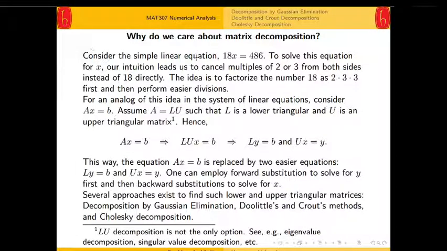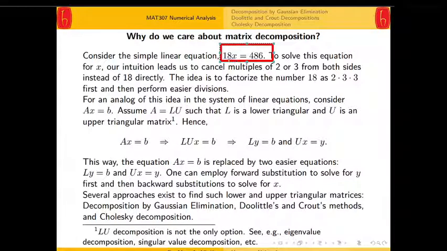Consider simple linear equations. This one, 18x is equal to 486. So here when we are dealing with this sort of equations, our intuition says divide both sides by 2. And then once we are done with dividing by 2, we will have 9x is equal to 243.